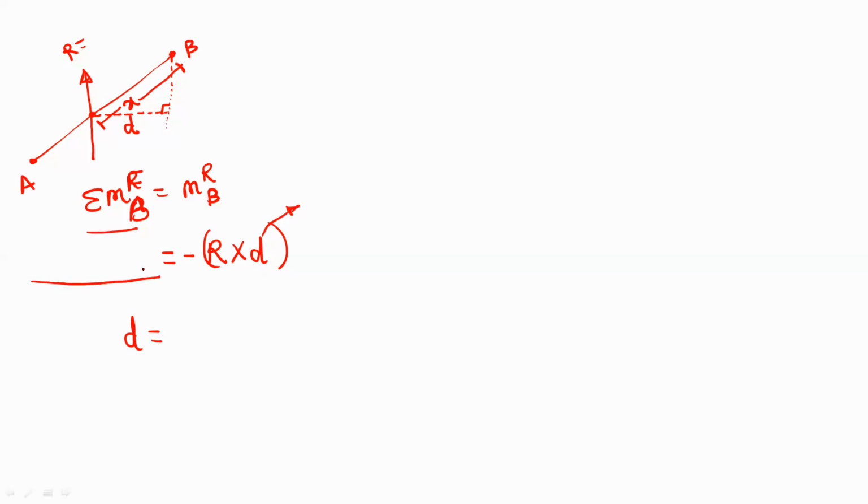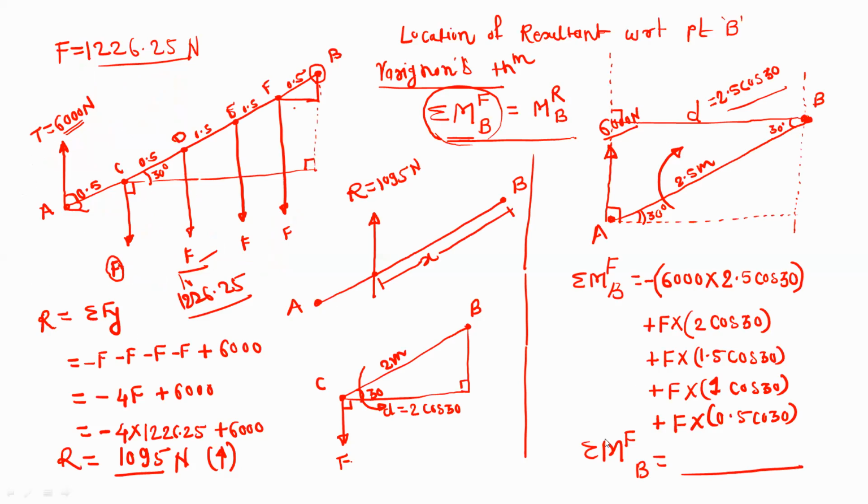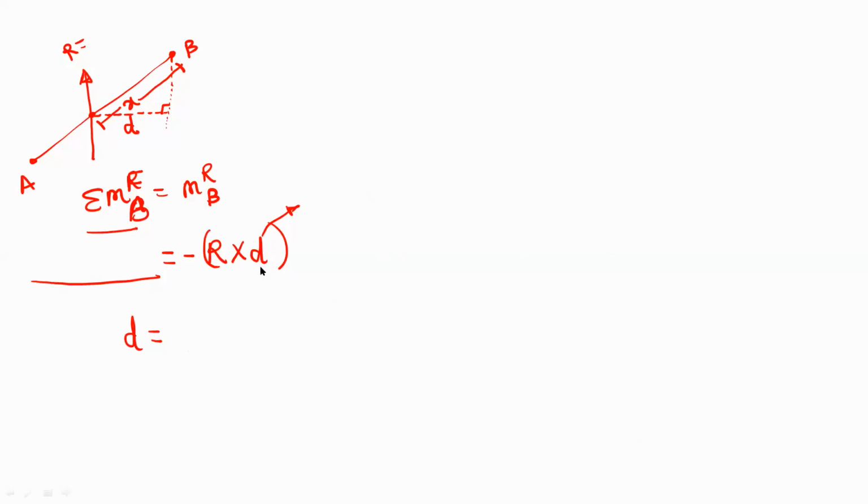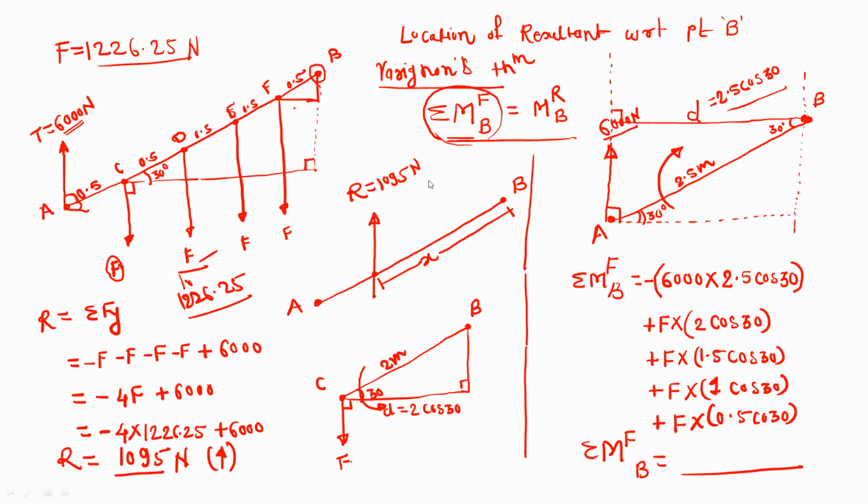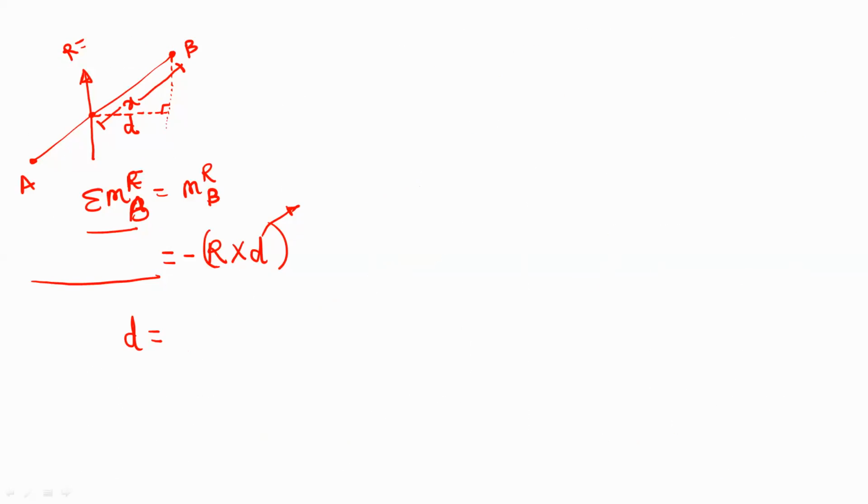Just equate this value. So we will get the left hand side from this calculation, summation of moment by all the forces about the point B. So put this value here. R value is equal to 1095. So this value is 1095 Newton. Okay. And get the value of d. So your answer will be a positive answer.